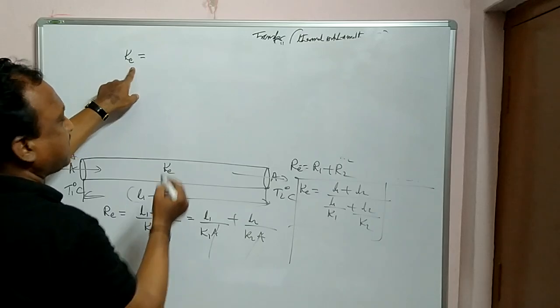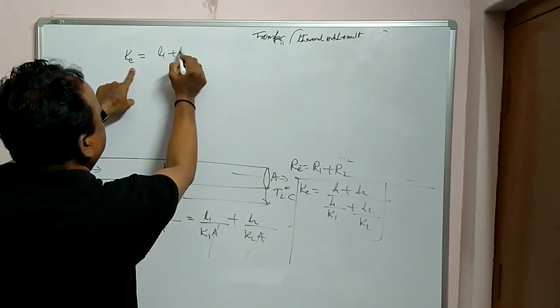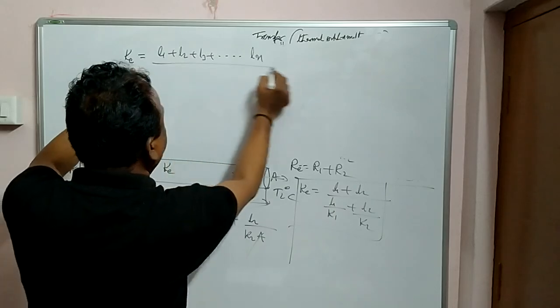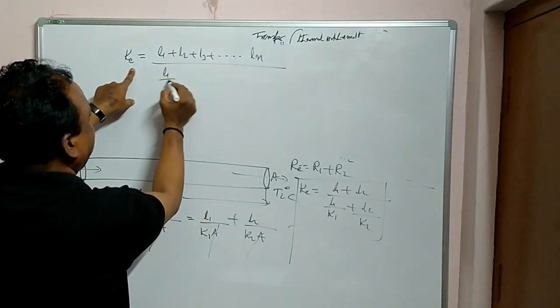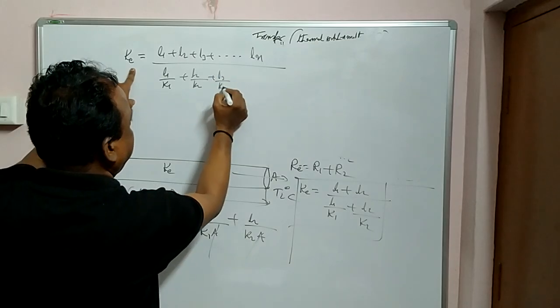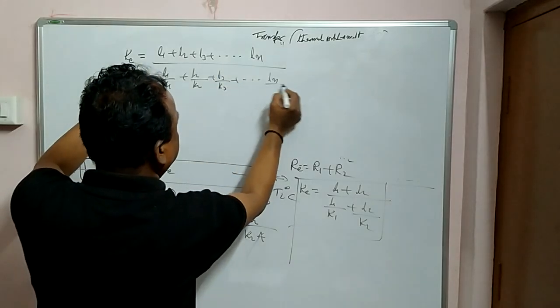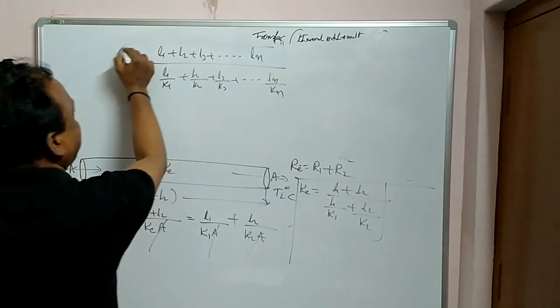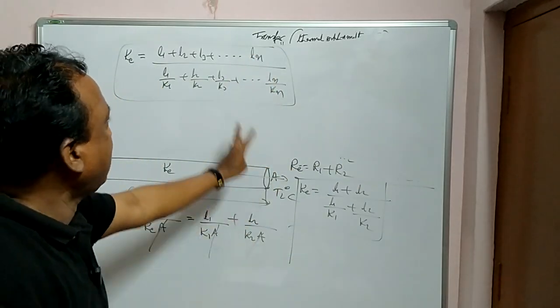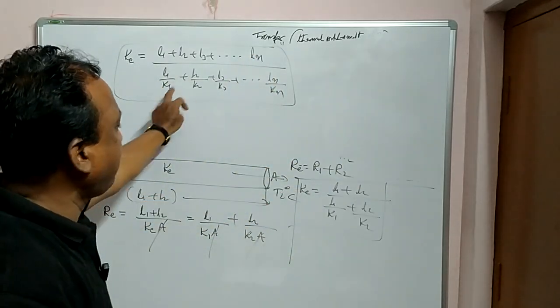Effective conductivity coefficient is given by L1 plus L2 plus L3 plus dot dot dot Ln, divided by L1 by K1 plus L2 by K2 plus L3 by K3 plus dot dot dot Ln by Kn. Like this you can extend the formula. Here we took 2 rods, that's why L1 plus L2 by L1 by K1 plus L2 by K2.